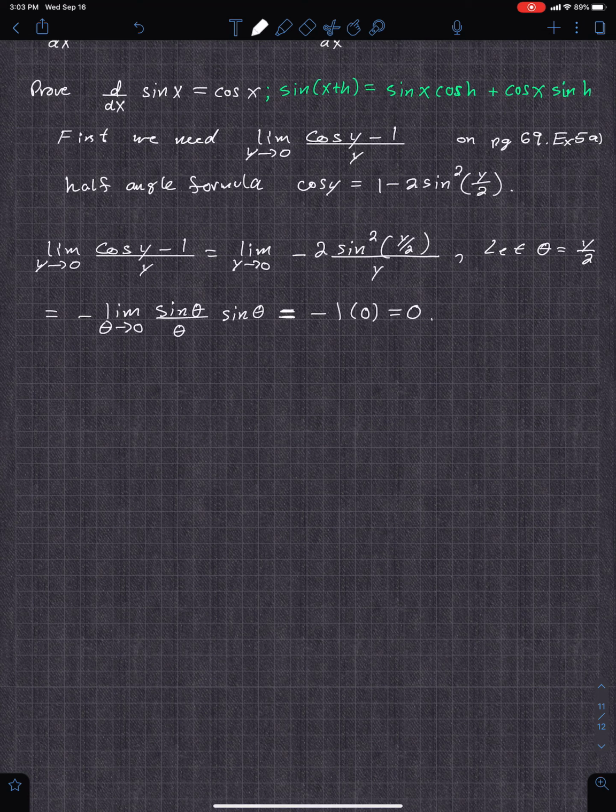Proof. So d dx of sine x is equal to the limit of f of x plus h minus f of x.